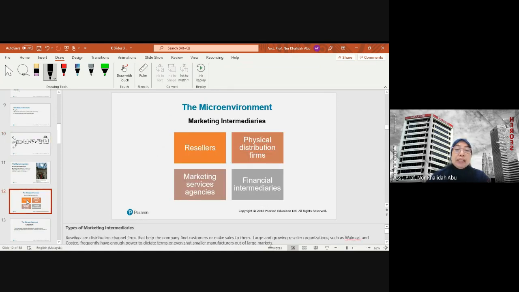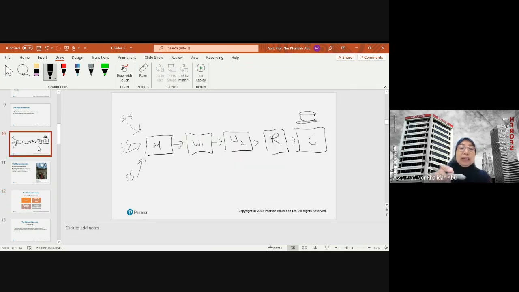Okay. So these are examples of resellers. It may include, as I've showed you, the warehouses and the retail stores, but you can also have the transporters, for example, the logistics company that are sending your products to various intermediaries in the whole channel.